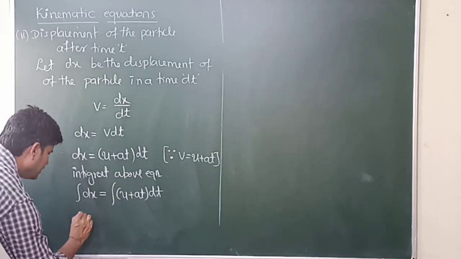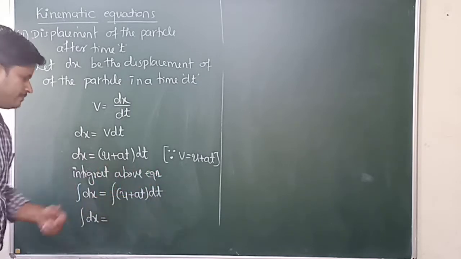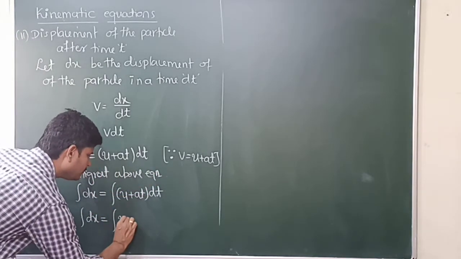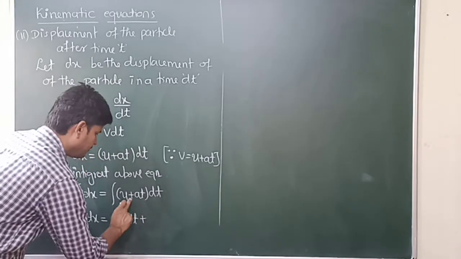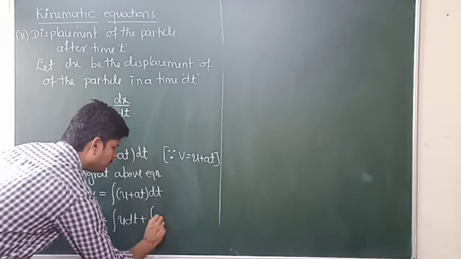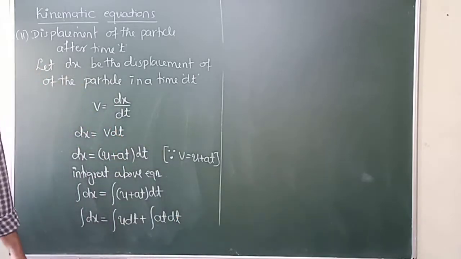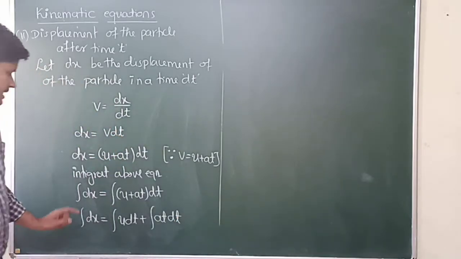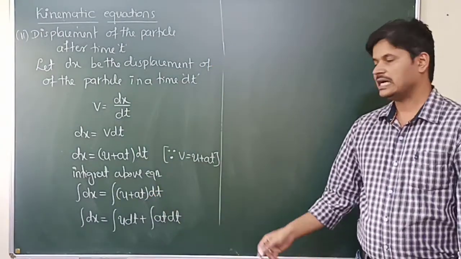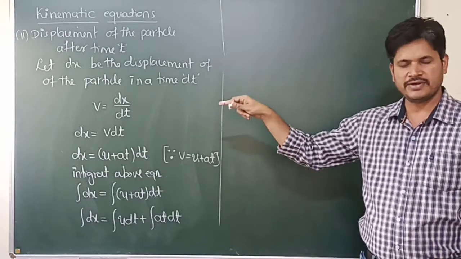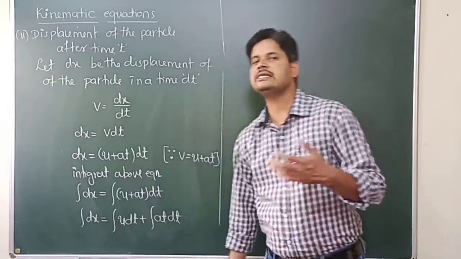Or write it separately: integration of u into dt plus integration of at into dt. Is it correct? Next term. Integration of dx is what? As I said earlier, integration of dv is v and integration of dt is t. Similarly, integration of dx is x.